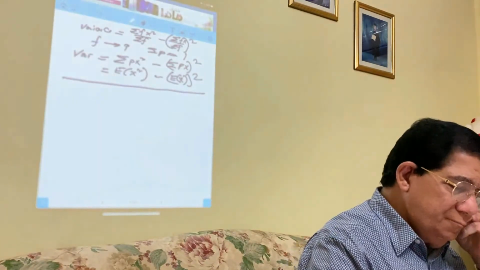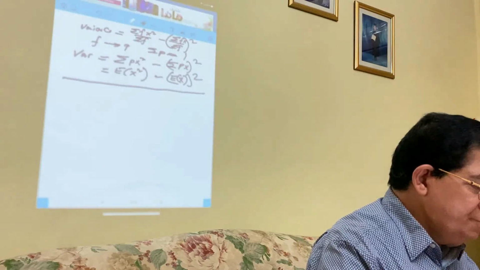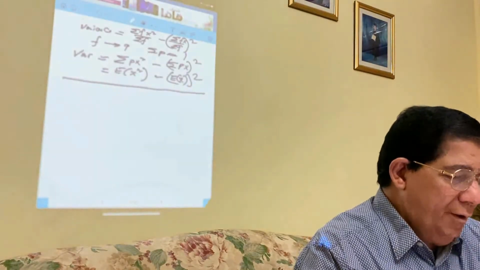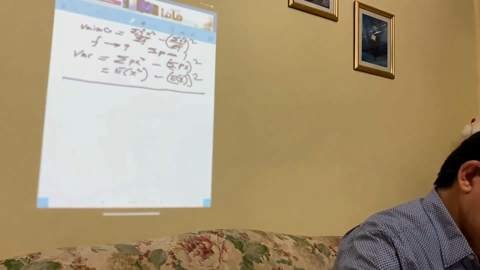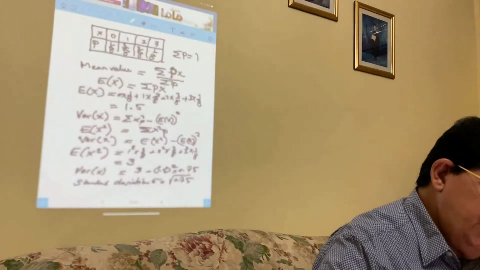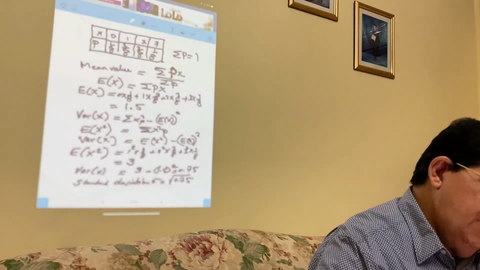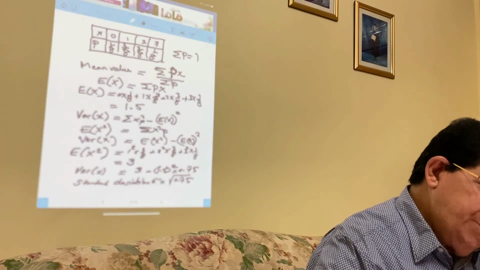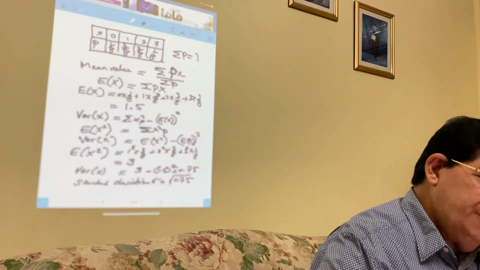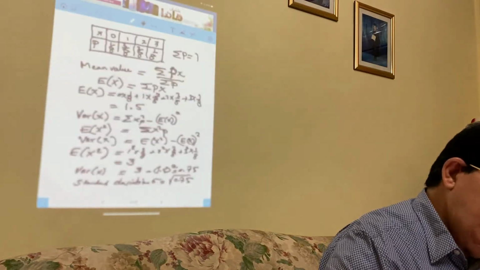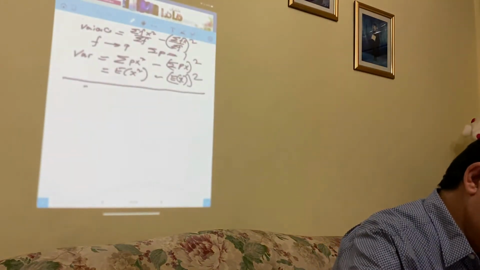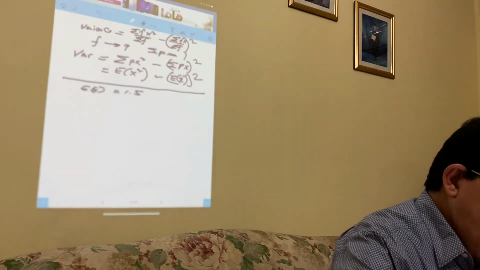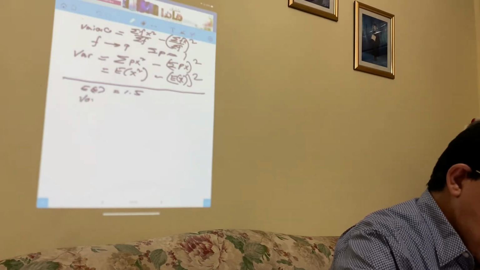Now, one other thing. From the previous page, we got values for the following: the expectation of x was 1.5 and the variance was 0.75.